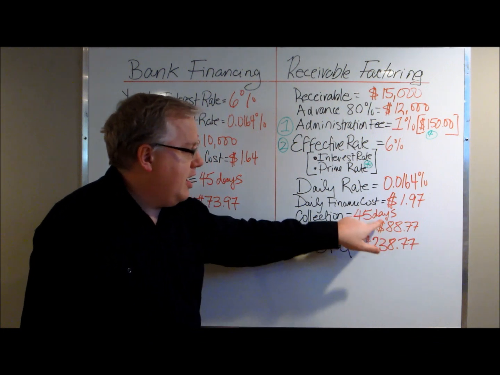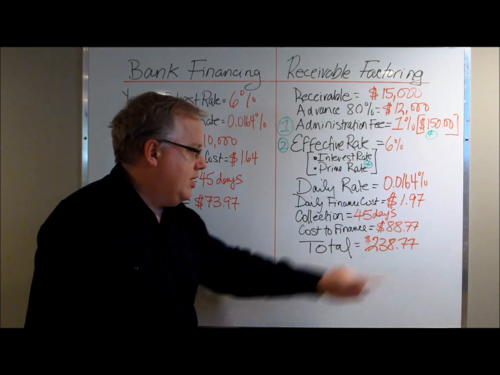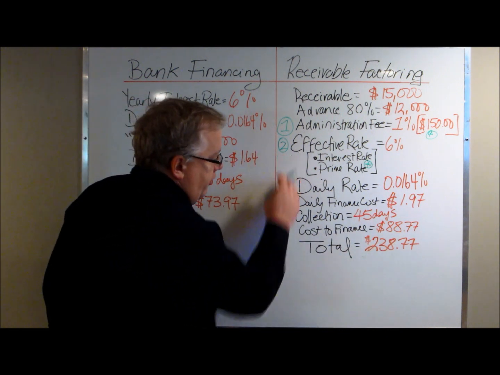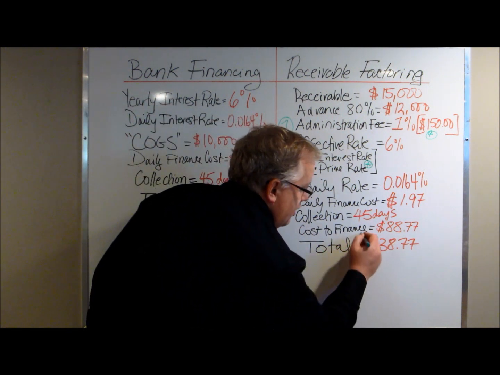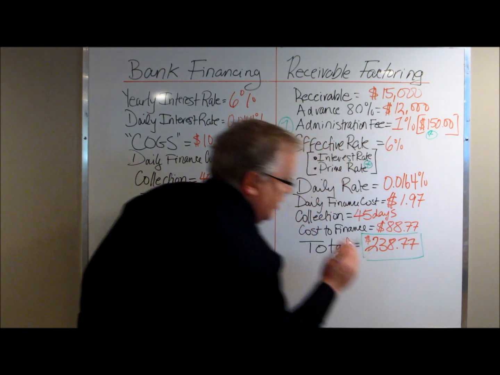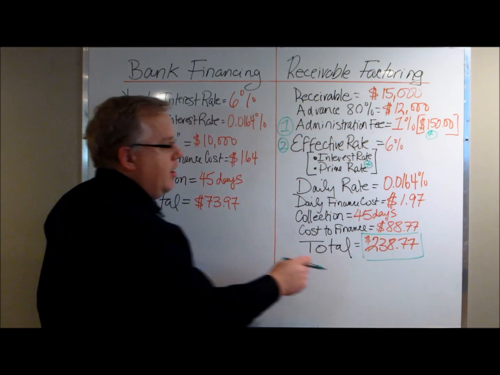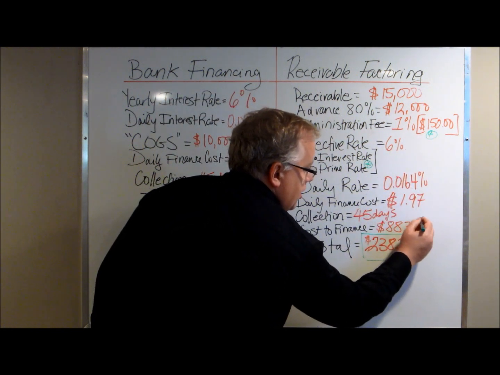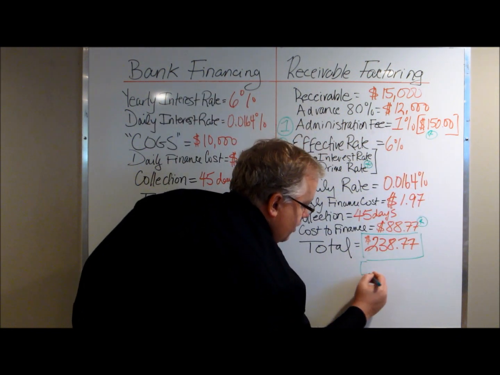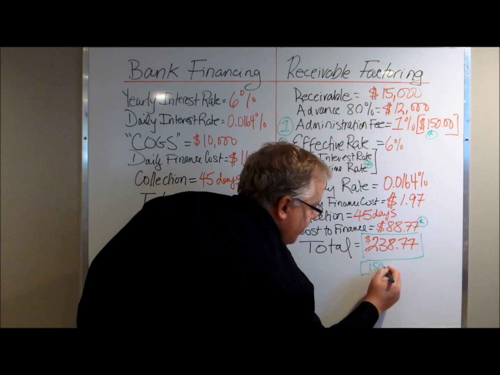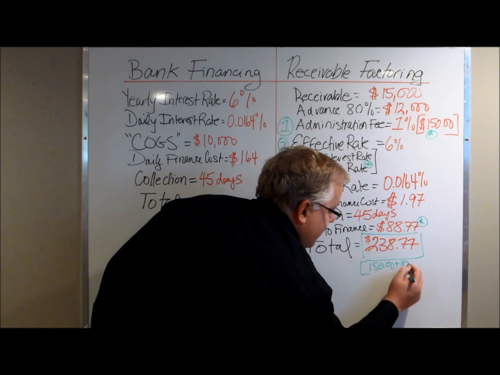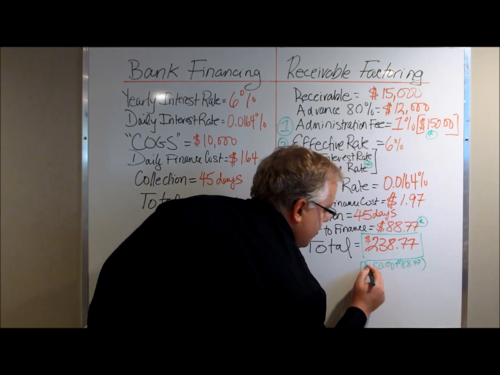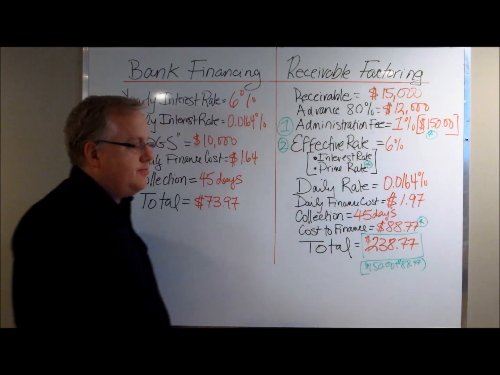Cost of finance in this case is 45 days times $1.97, which gives us $88.77. The charges to use factoring are this $88.77 plus the $150. So this $237 includes the administration fee of $150 plus the $88.77 on the financing costs against the advance.